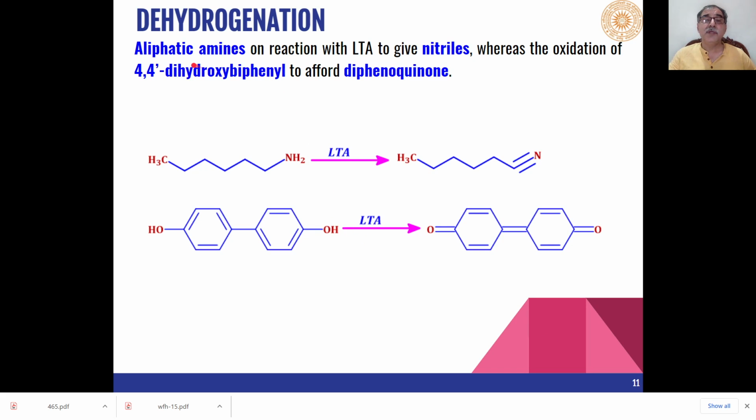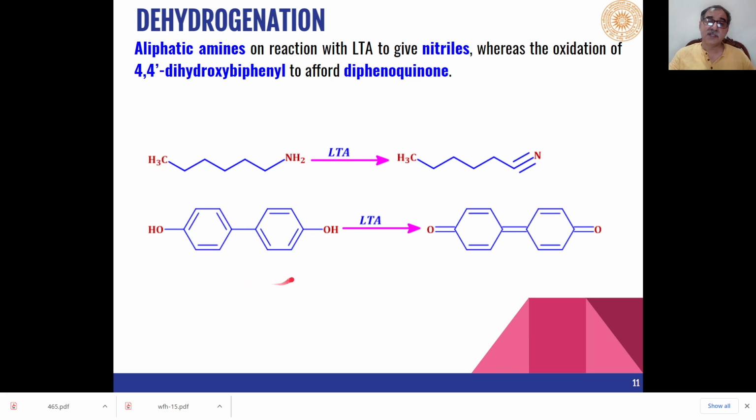Then aliphatic amines, on reaction with lead tetraacetate, give nitriles through dehydrogenation reactions. So dehydrogenation at this carbon-nitrogen bond will take place, and two molecules of hydrogen are removed by lead tetraacetate to give us nitriles as the product.